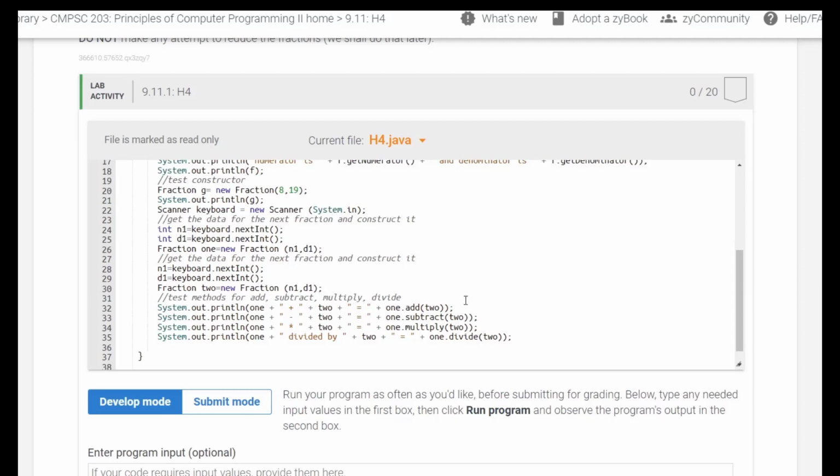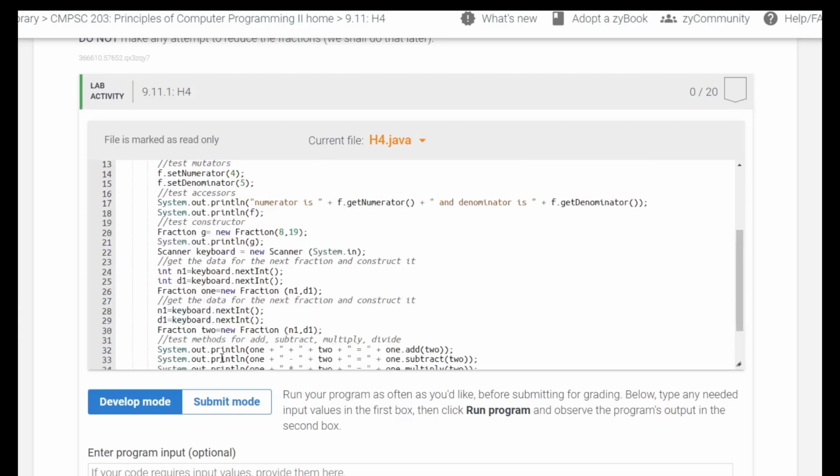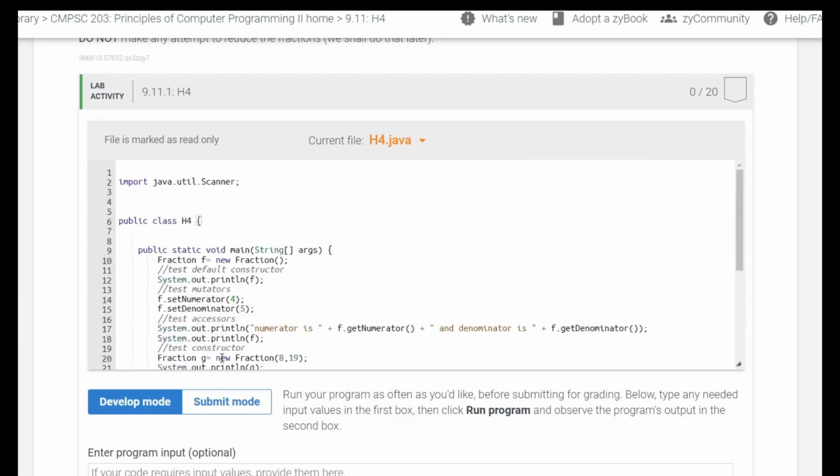Here you are forced to write these methods before you can test them. If you were able to comment these out, then all you need to write are the gets, the sets, the constructors, and the toString. So my suggestion is copy it into NetBeans, work in NetBeans, and then copy everything back. When I say everything back, I mean just the fraction class itself. And don't forget to take the package out of there.